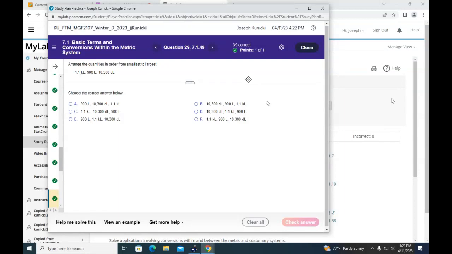This is 3 decimal places to the right because you're going down 3 spaces. This one you're going up 2, so you divide. So this is the smallest, this is the second, and this is the third. Because you have to report your answer in terms of those, it would be A, right? Yeah, it looks like A. Wait a minute, so that's 1.1. Oh, yeah, I think it's A.